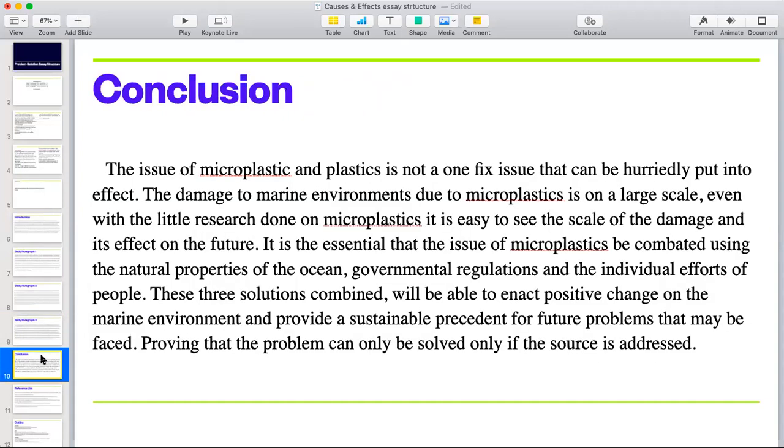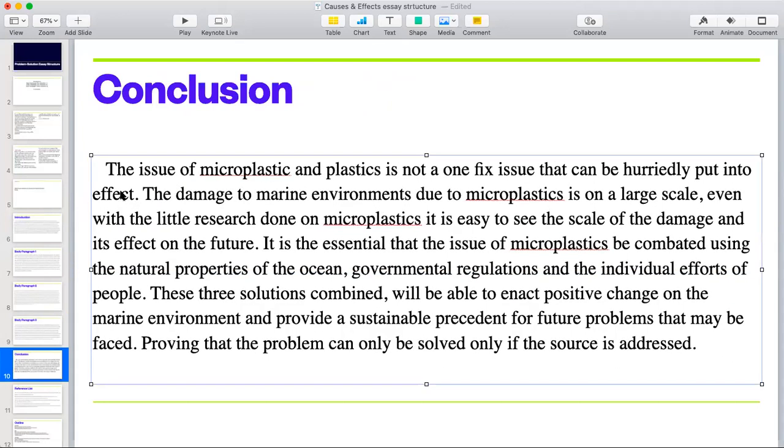Okay, what about his conclusion? The conclusion should start with restating the thesis statement. The issue of microplastic and plastics is not a one fixed issue that can be hurriedly put into effect. Is this a restatement of the thesis statement? Of course not. It's too short. Then this conclusion did not start well.